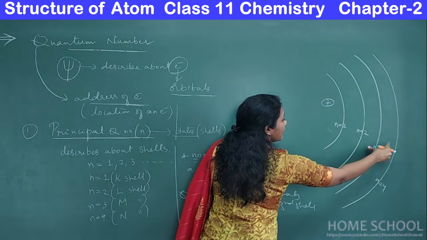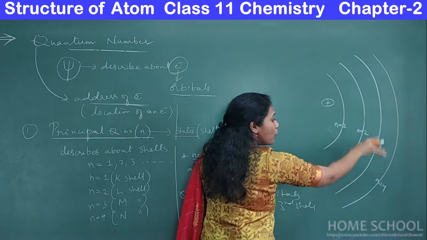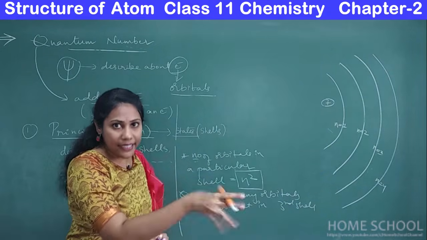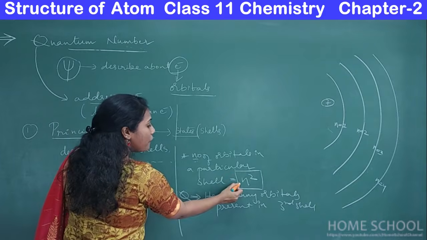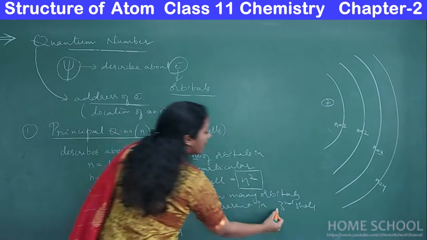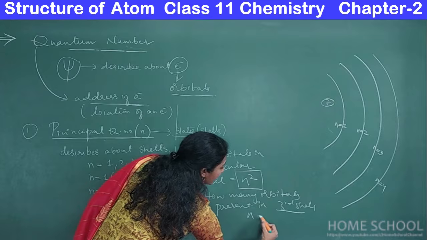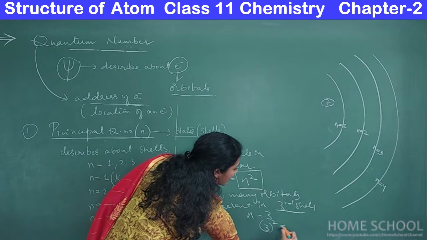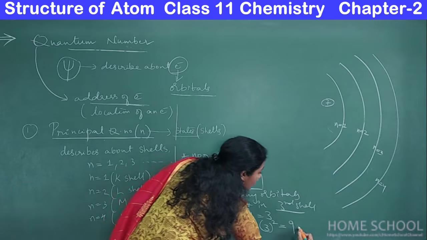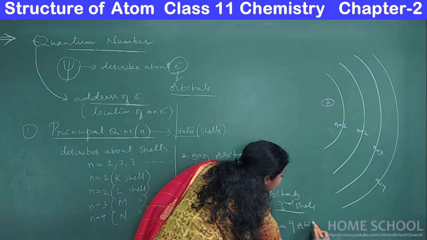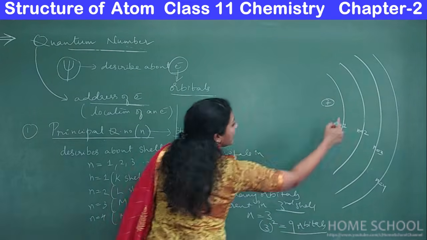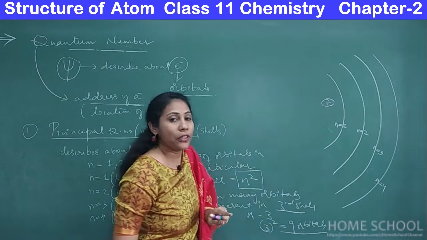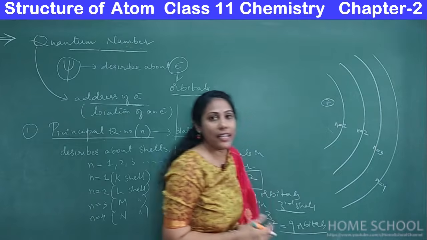So in this particular state, if you want to know how many towns or cities are present, what is the formula you will use? n square. Third shell, no? So n is equal to 3. You just have to do 3 square. 3 square is what? 9. So what is your answer? 9 orbitals are present in this particular shell.